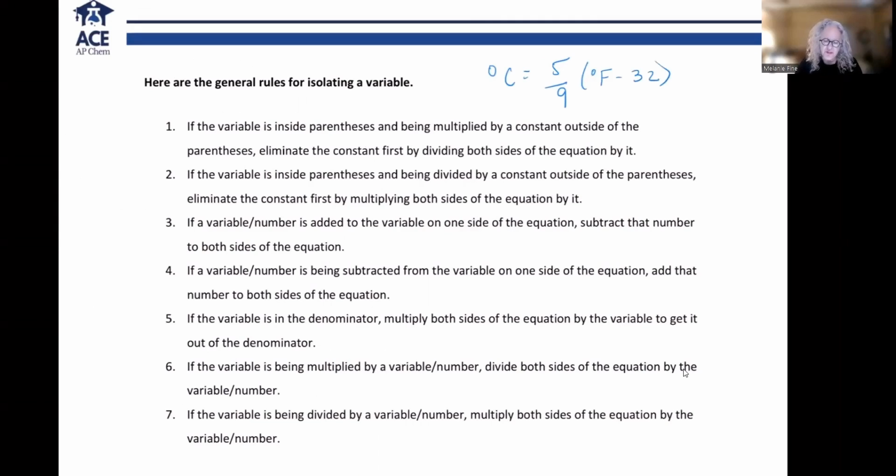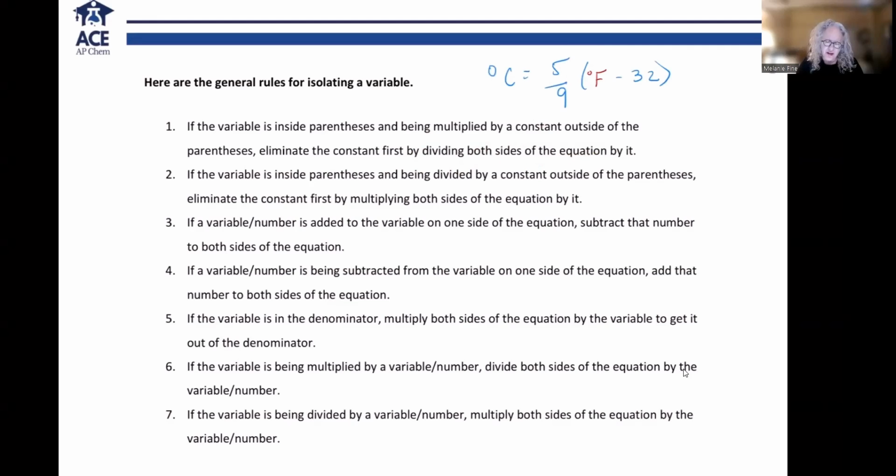So let's say I'm solving for Fahrenheit. In fact, let me rewrite that. I think showing you an equation is going to make it easier to understand the rules. If the variable is inside parentheses being multiplied by a constant outside of the parentheses, so right now degrees Fahrenheit is in parentheses being multiplied by 5/9, I need to eliminate the constant first by dividing both sides of the equation by it, okay?